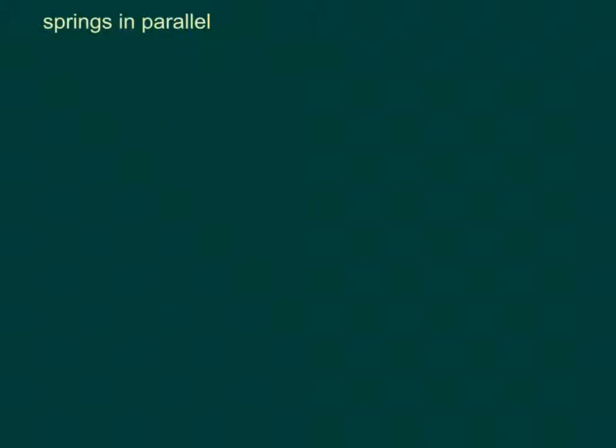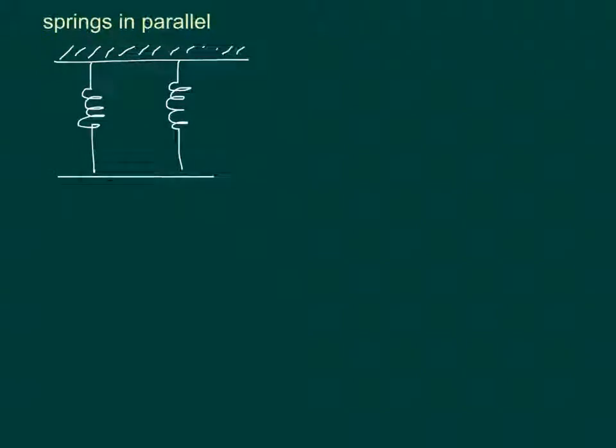Now, let's look at springs in parallel. The way this is drawn is you've got a surface or some sort of thing that you're hanging these springs from, and you get a spring and another spring and something holding them all together, and then something that exerts a force. You could pull on this bar if you wanted to, but I've just got a mass here, and of course that gives us a force of mg, just like normal.